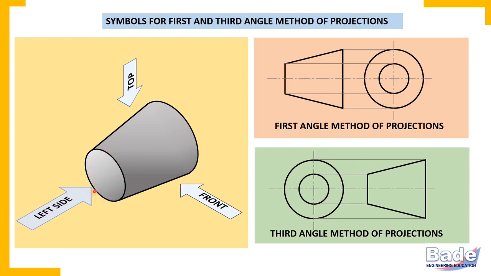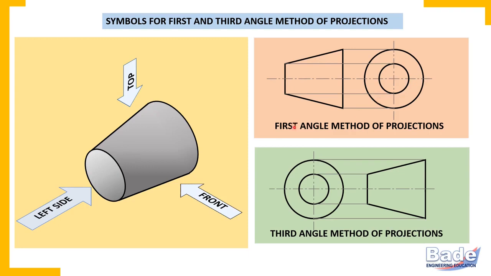So from the left, the smaller circle is visible, and of course, the larger circle is at the boundary, so it is visible. So the smaller circular end and larger circular edge both are visible from the left. These two views suggest that the left side view is drawn on the right side of the front view. That is first angle method of projection.